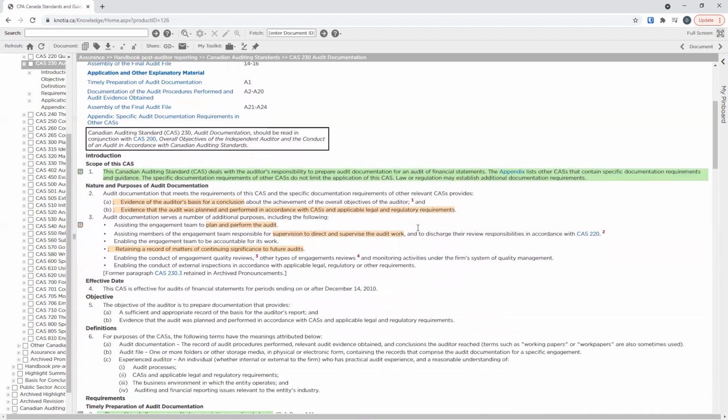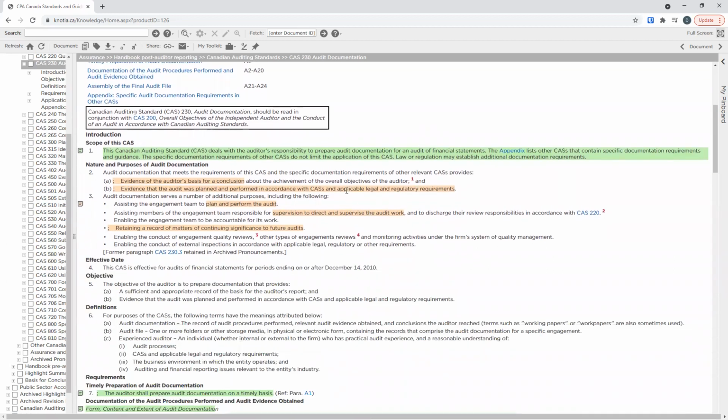So the scope of this CAS is that it deals with the auditor's responsibility to prepare the audit documentation for an audit of the financial statement. Now, the appendix lists which CAS requires specific documentation, because this is the general standard about audit documentation, and then each standard will have a part at the end about documentation.